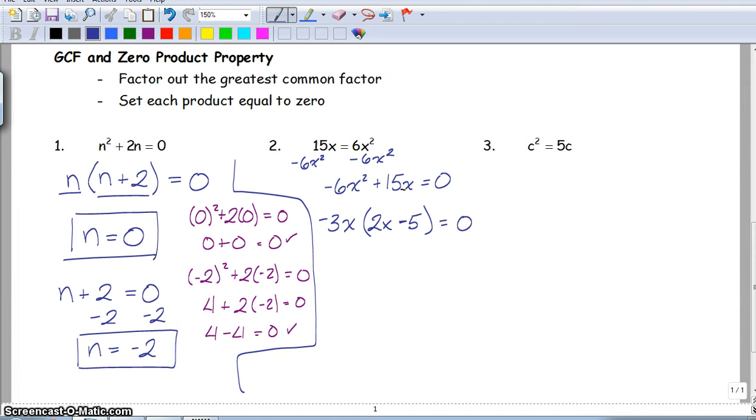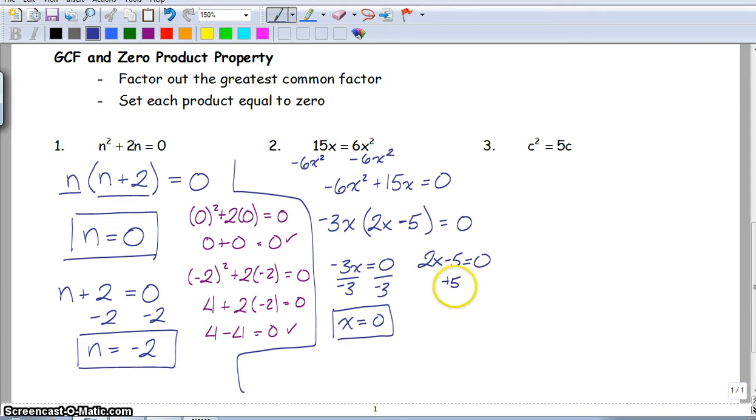Again, then we want to set each product equal to 0. So I'm going to set -3x equal to 0, and then 2x minus 5 equal to 0. And then I solve. In this first problem, divide both sides by -3, and x equals 0 is one of your solutions.